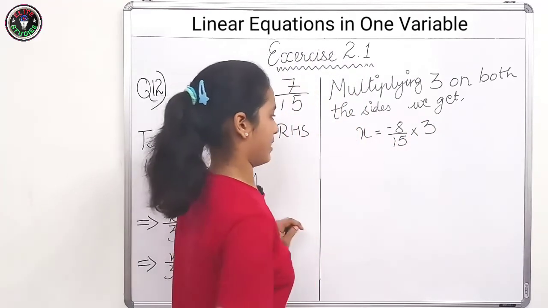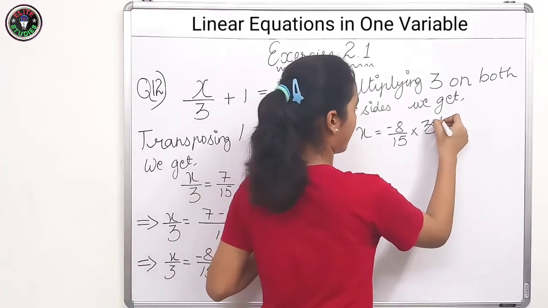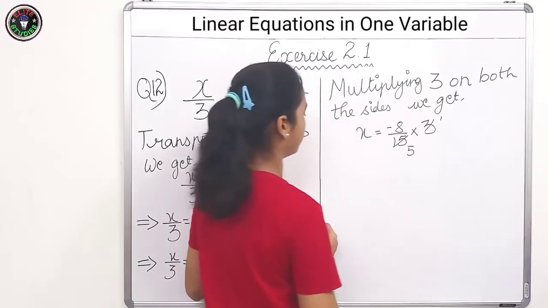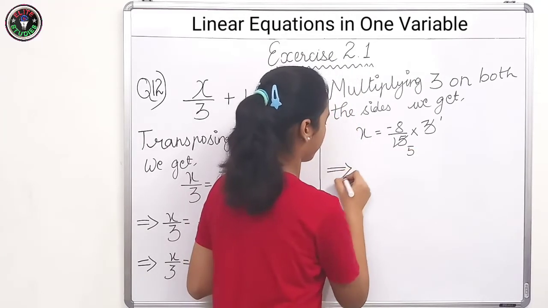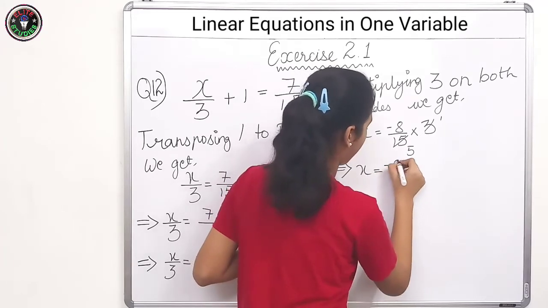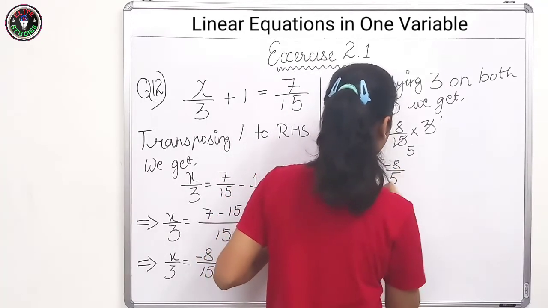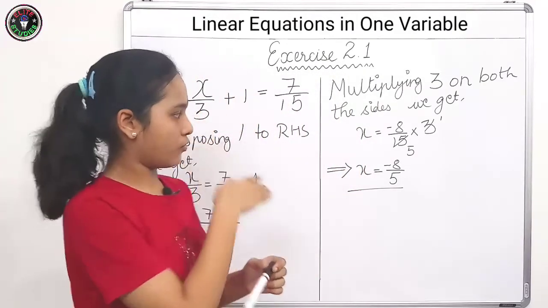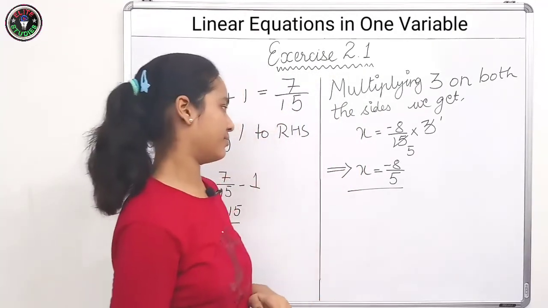Now we will simplify it. 3 1s are 3, 3 5s are 15, or x is equal to minus 8 by 5. We got the value of x to be minus 8 by 5.